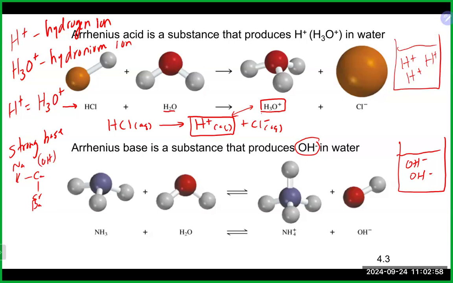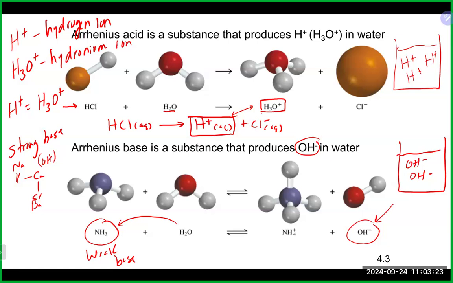Something like ammonia here, which is NH3, is actually a weak base, and we'll talk about that in a bit. Although it does not have hydroxide in its actual formula, it is able to react with the water and produce hydroxide.